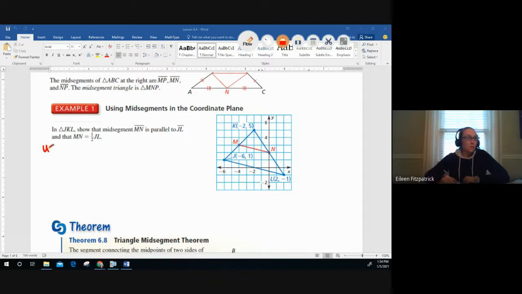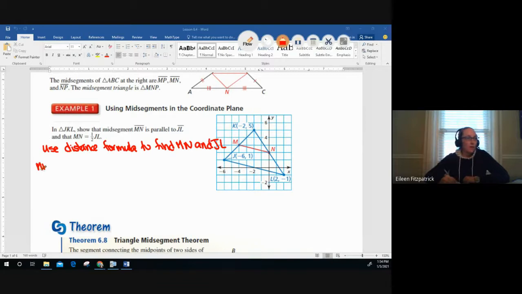So use the distance formula to find MN and JL. Remember, without the segment bar, that's talking about the distance from M to N and the distance from J to L.